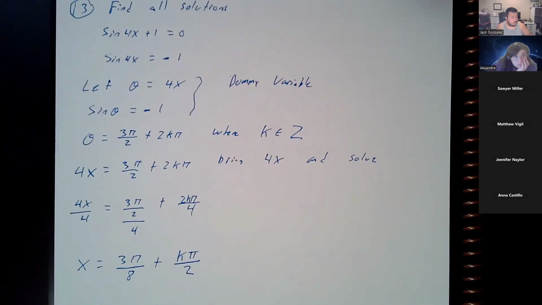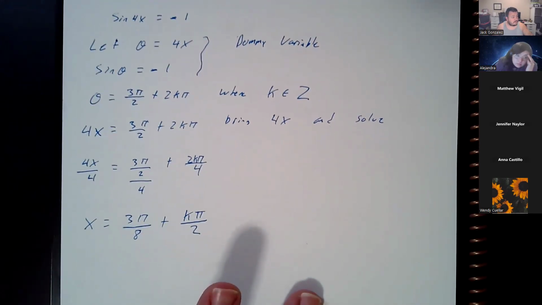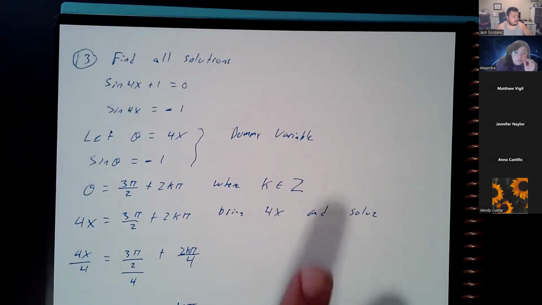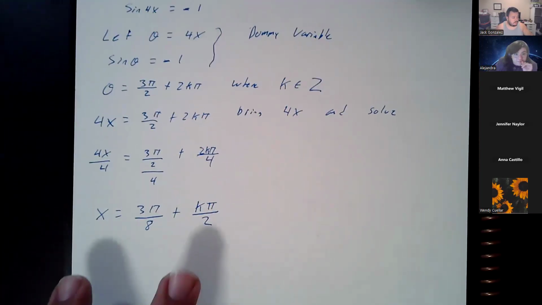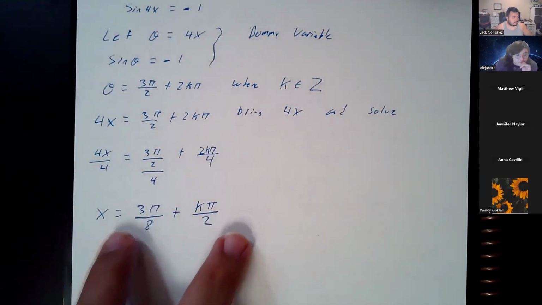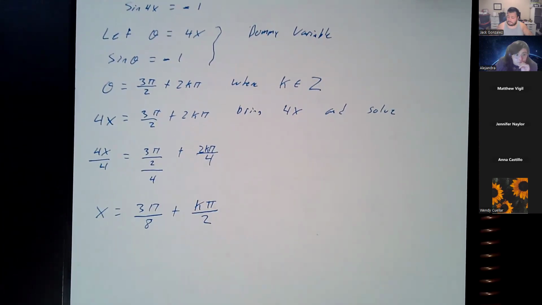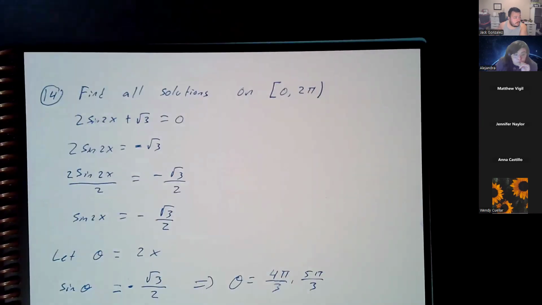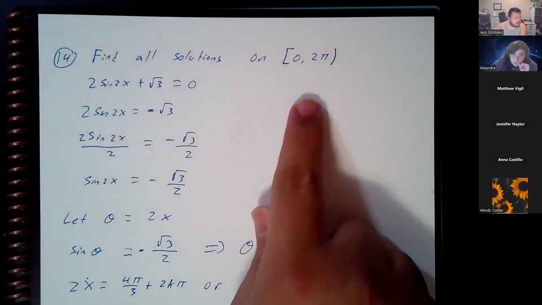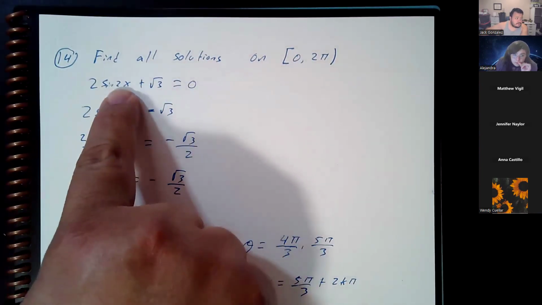On this guy, it was a quadruple, which would have sucked if I had to find them all. But thankfully, it didn't say 0 to 2 pi. So I just found the general case and we were done. On this one, very similar to this example, it did say 0 to 2 pi, but luckily it's a double, so there won't be too many.